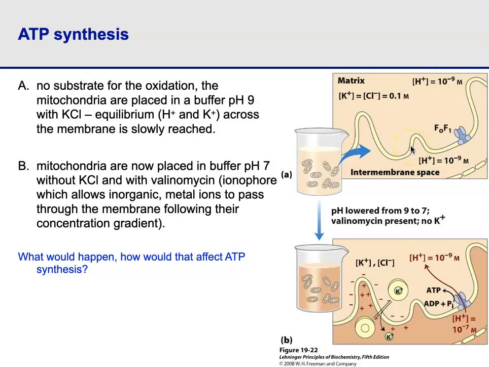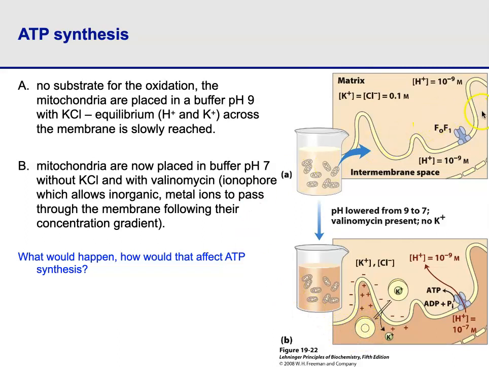All right, and now we quickly exchange the mitochondria into a new environment that has a pH of 7, doesn't have any potassium chloride, and also has valinomycin. Now, valinomycin is an ionophore. Ionophores, if you remember from 41, can cross the membrane, and this particular one transports metal ions across the membrane following their concentration gradient.